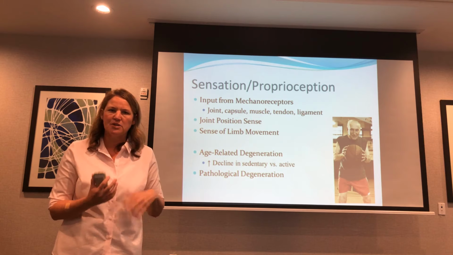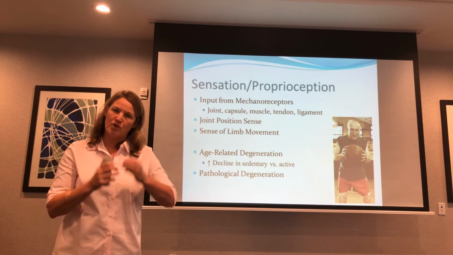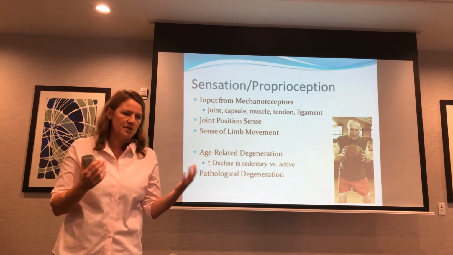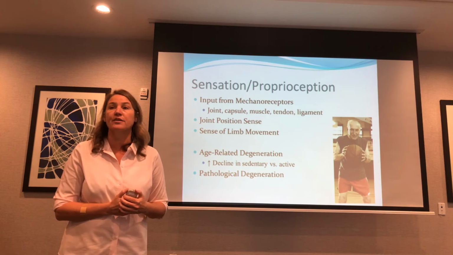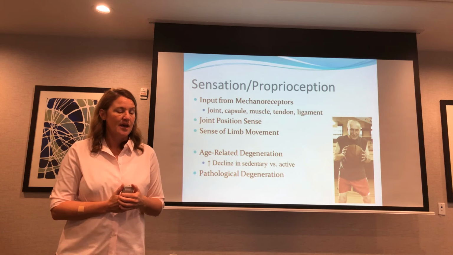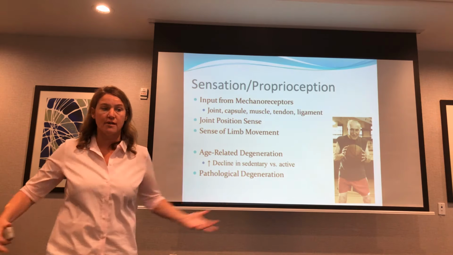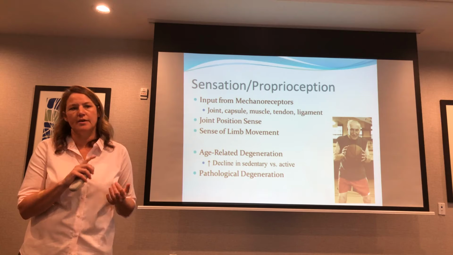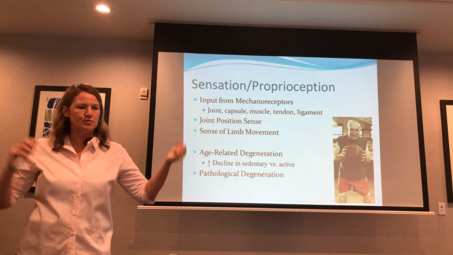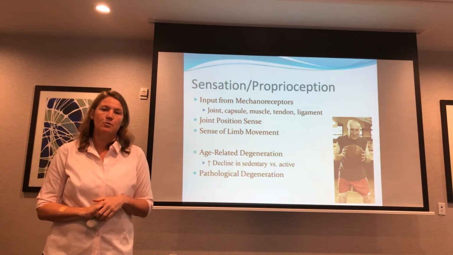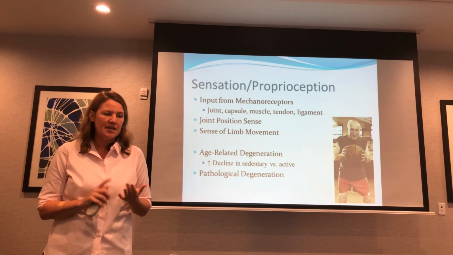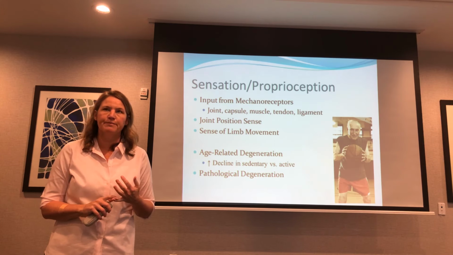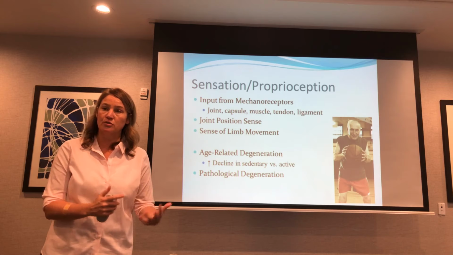Your muscles, your ligaments, your tendons, everything that has that stretch sensor, all those different things that give you awareness of where your body is in space and what's touching you and what's going on around you. It can give you a sense of limb movement, where your arms are as they move around in space, and helps with coordination.